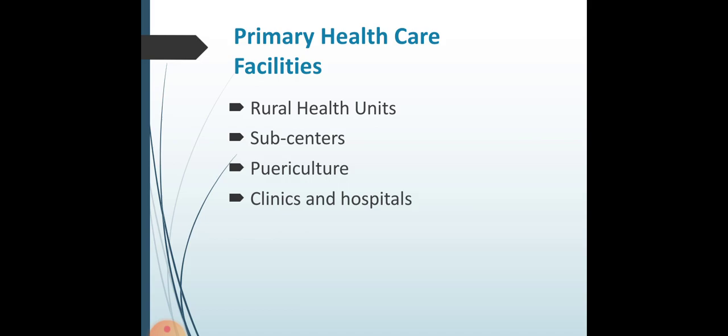The same with puericulture. Puericulture is like an outpatient facility which caters to mother and child, from postpartum to delivery of the child, being catered to in puericulture hospitals or clinics. Then the fourth one, clinics and hospitals.